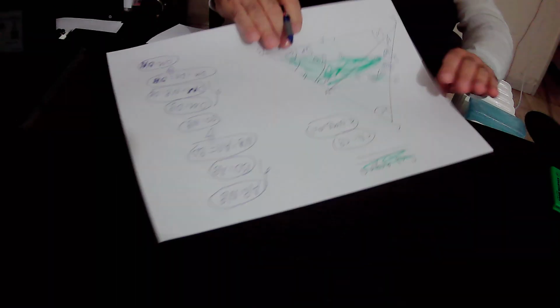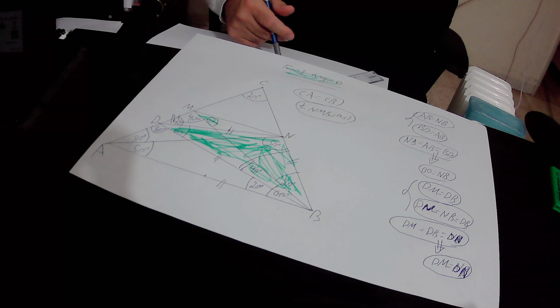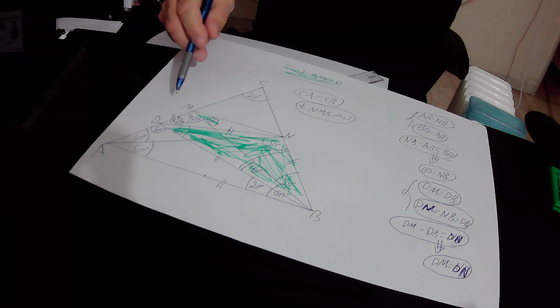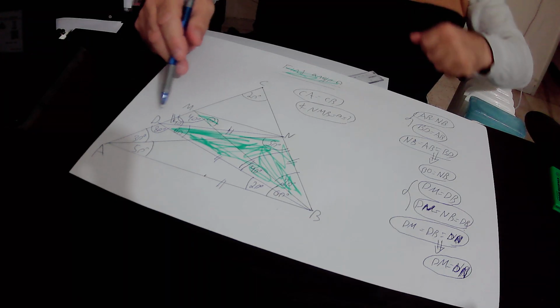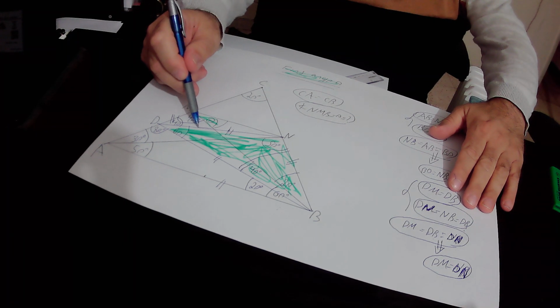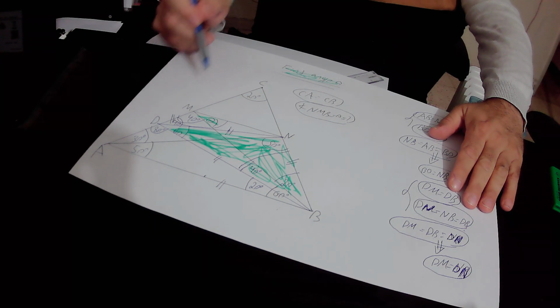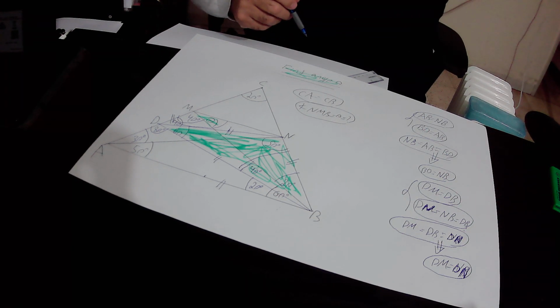So here, the big angle DMN, that is theta, is equal to 70 degrees in its size.